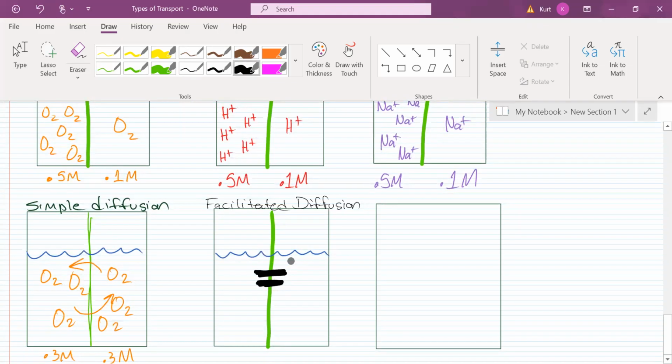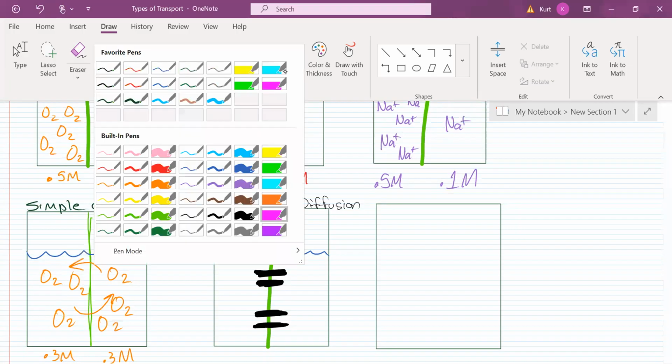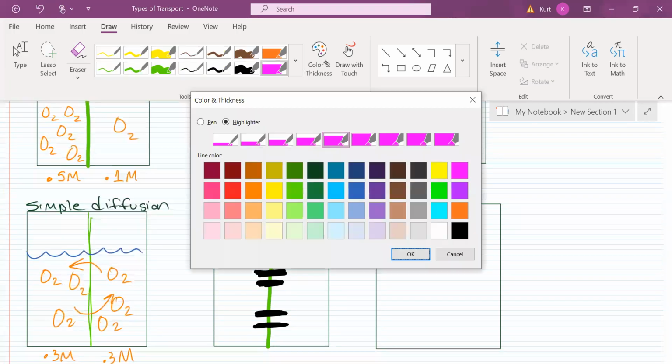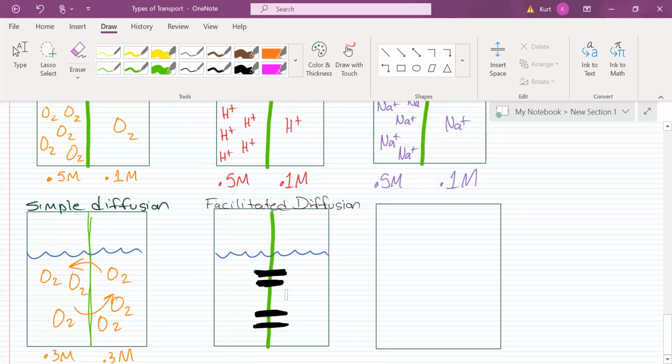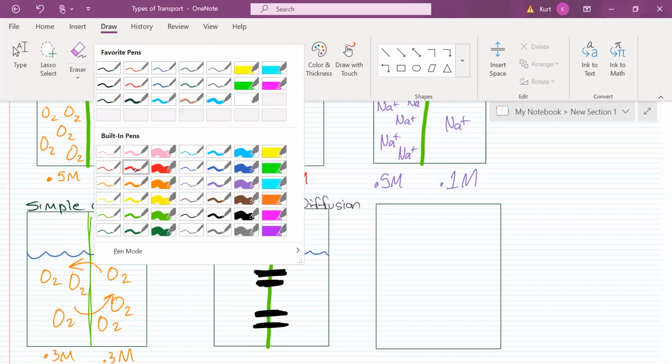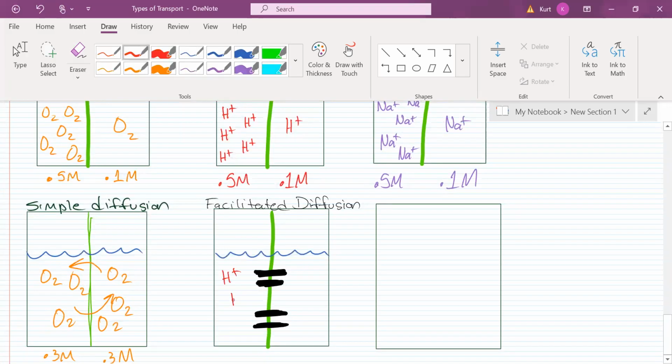There's one. There's the other. So the hydrogen ions can pass through. So we have 3 hydrogens on the left.